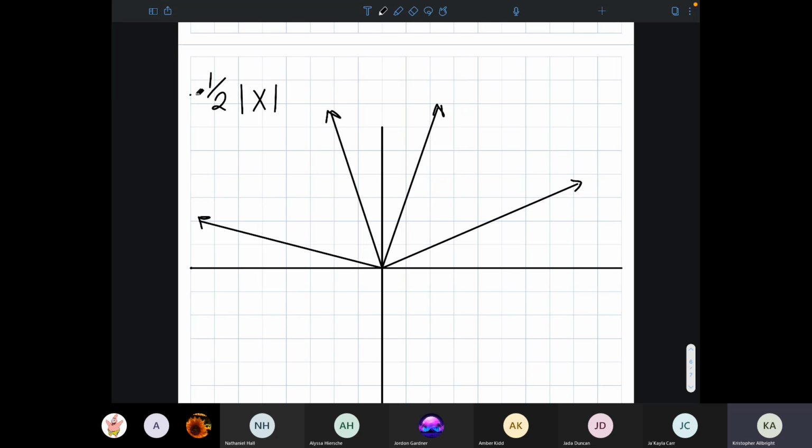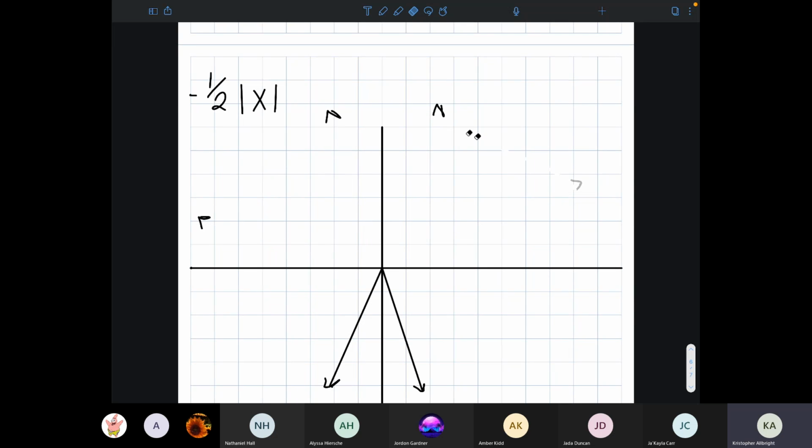If it's negative, this might be what your graph looks like, just facing down. All your regular rules still apply. So if they ask you to graph what's up there right now, that's what you're going to put. So it looks like that.